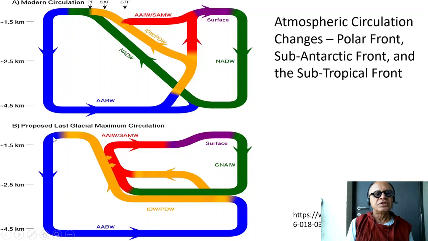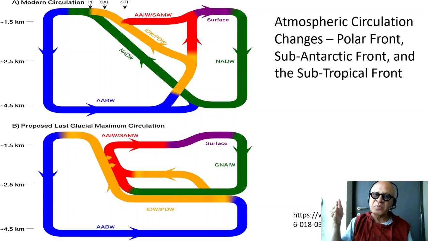Okay, so the proposed last glacial maximum circulation, so it is estimated and proposed, is that you still had Antarctic bottom water formation, but now you can see that the North Atlantic deep water, glacial North Atlantic intermediate water it became because of the ice extent pushing over the Gin Seas.